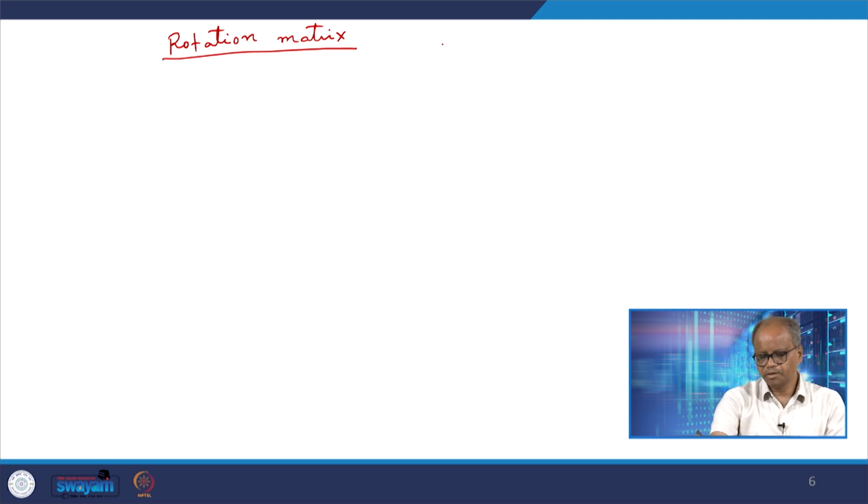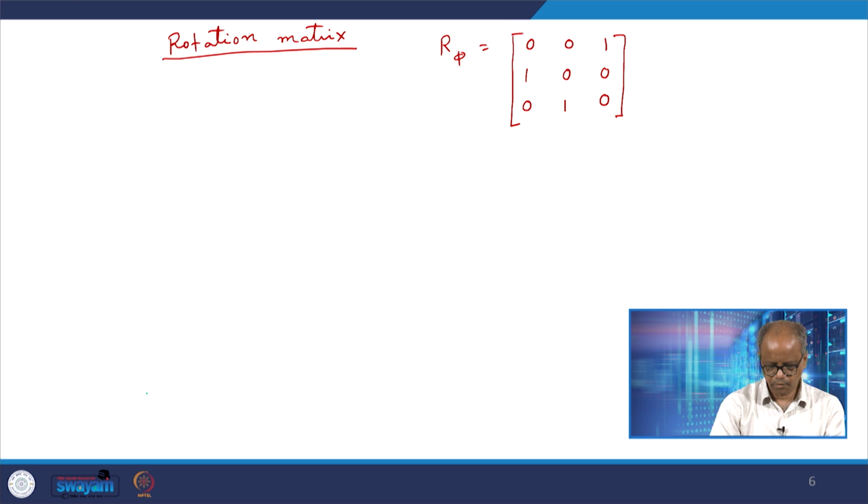So, this rotation matrix, called R phi, is defined as 0, 0, 1; 1, 0, 0; and 0, 1, 0, and this denotes the position. So, this is 2, 3, 1.